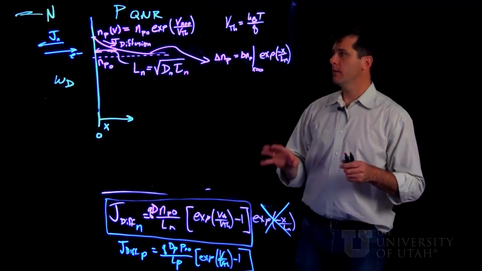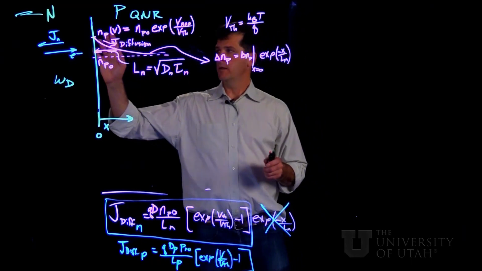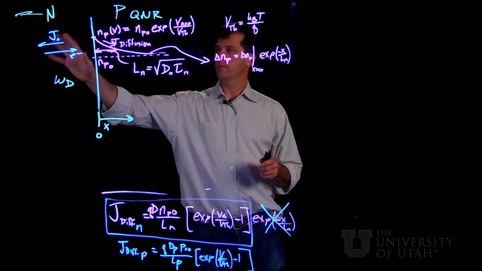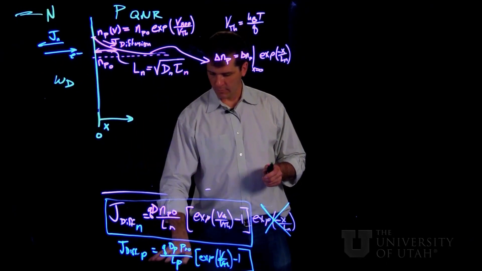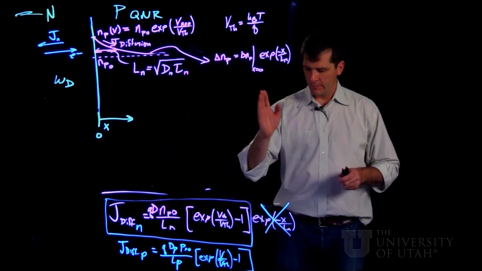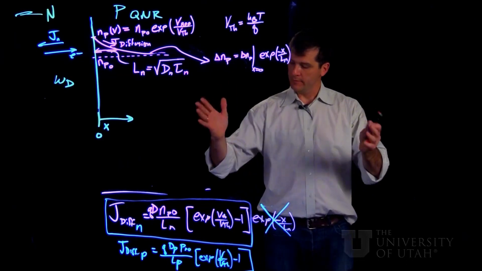So now we've talked about the fact that there's going to be a current flowing through the diode carried by the electrons, as well as one carried by the holes. We've evaluated them both at the edges of the depletion width.